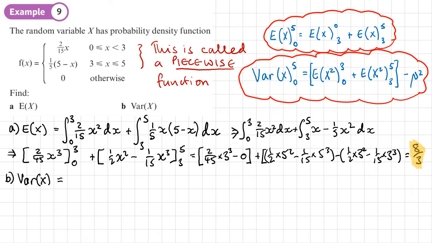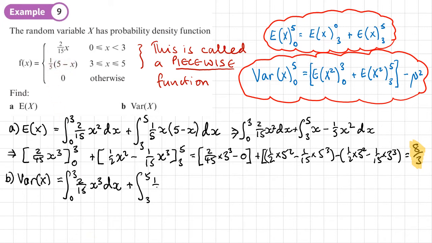Okay, so we'll start with the function between 0 and 3. And E of x squared is going to be this times by x squared. So that'll be 2 over 15 x cubed. Then we're going to add to that between 3 and 5. We'll take this function and multiply that by x squared as well.